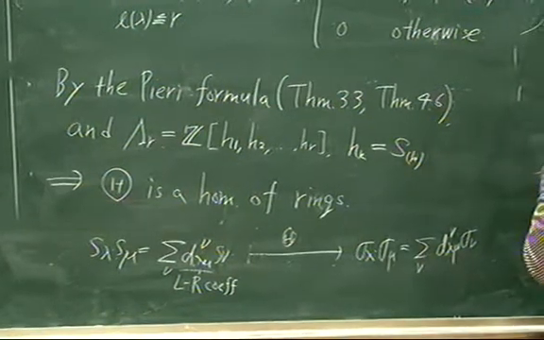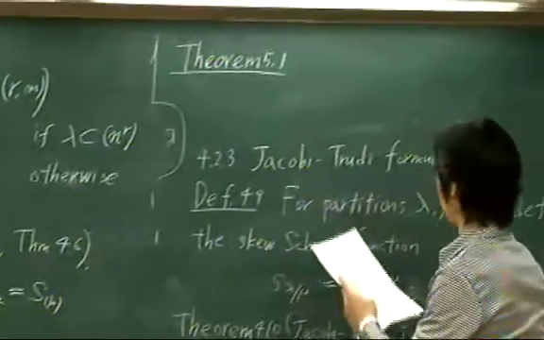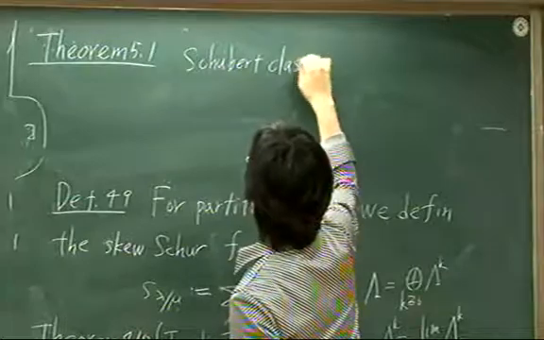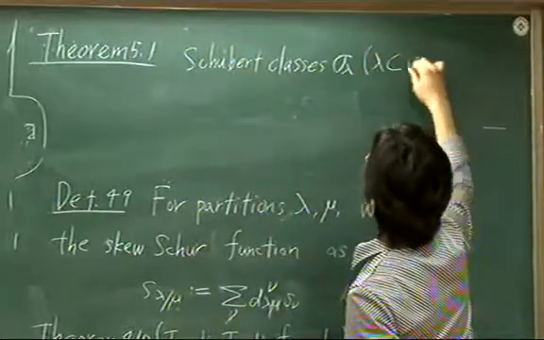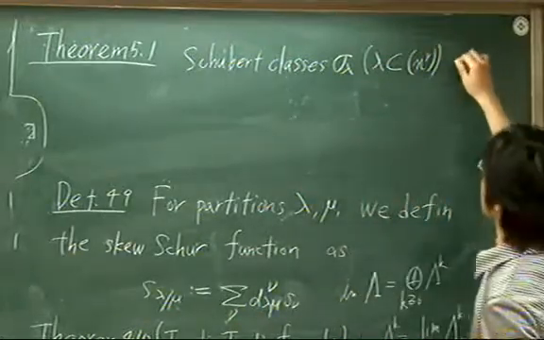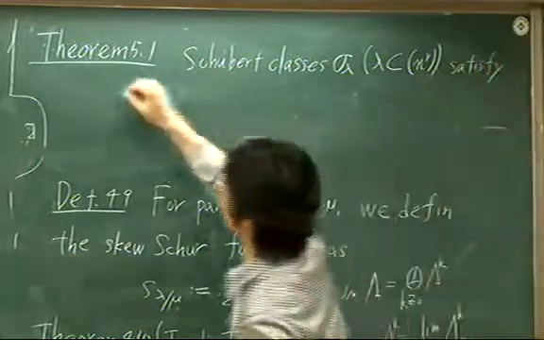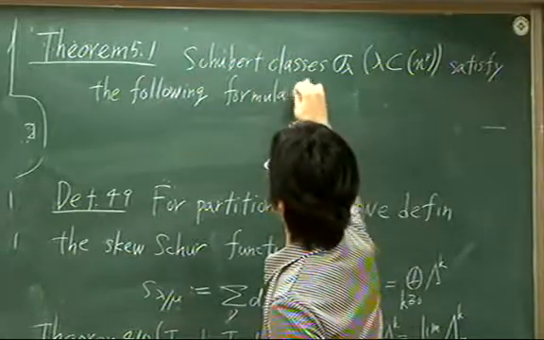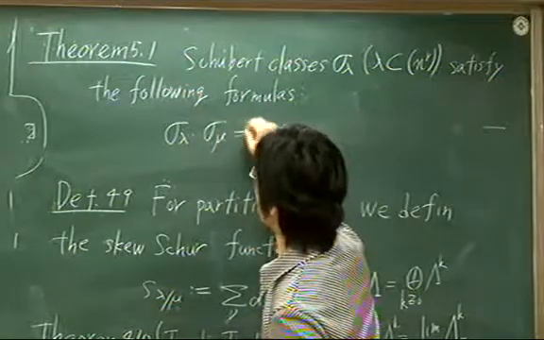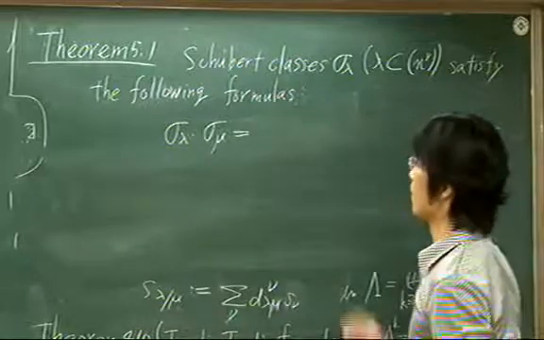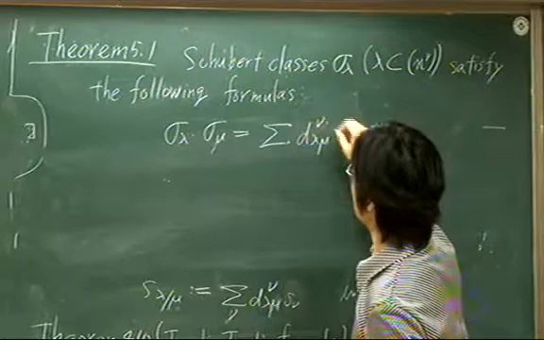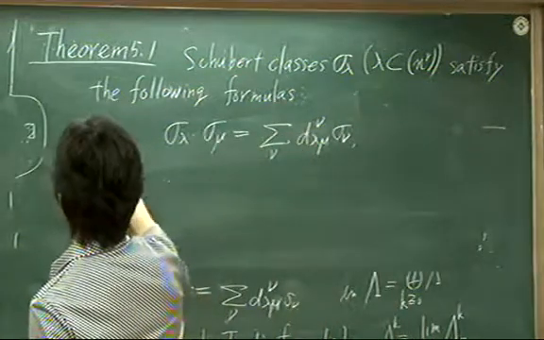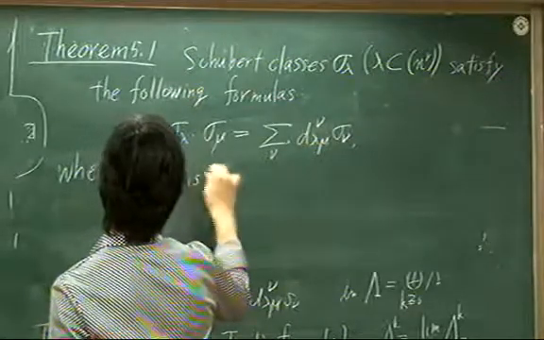So we conclude theorem 5.1. The Schubert classes sigma lambda, with lambda contained in the rectangle, satisfy the following formulas: sigma lambda times sigma mu equals the summation of d lambda mu nu sigma nu, where d lambda mu nu is the LR coefficient.